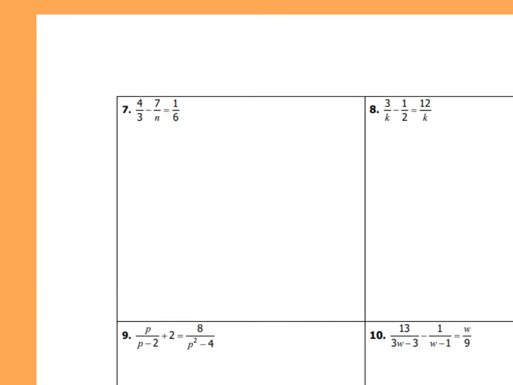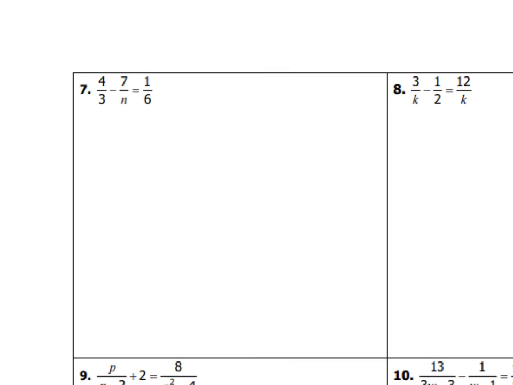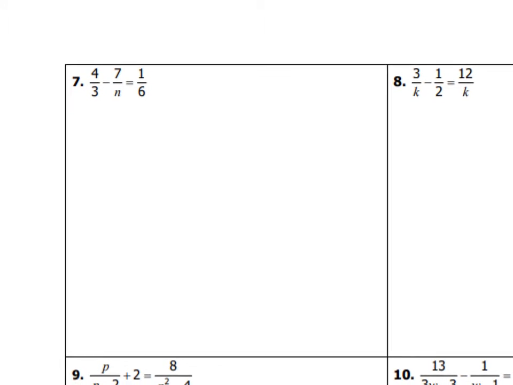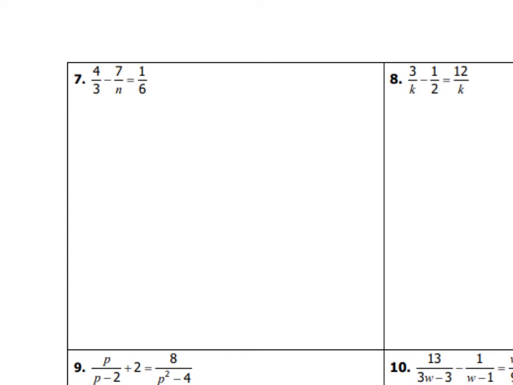Okay, we're gonna do number 7. So we look. We've got what as our denominators? 3n and 6, which are binomials or monomials? Monomials, one term, right? Each.